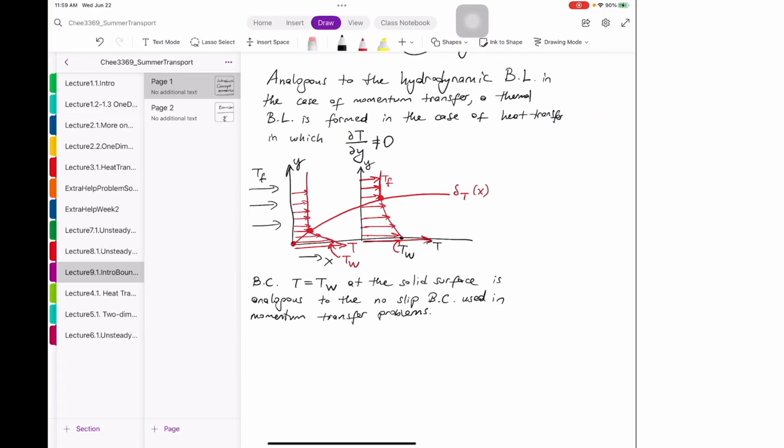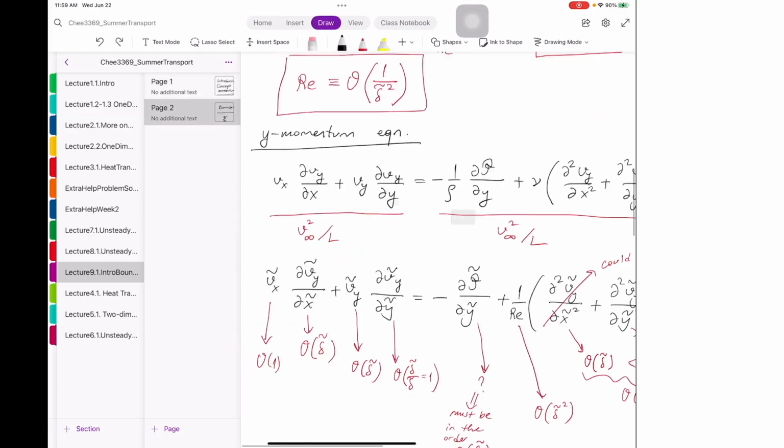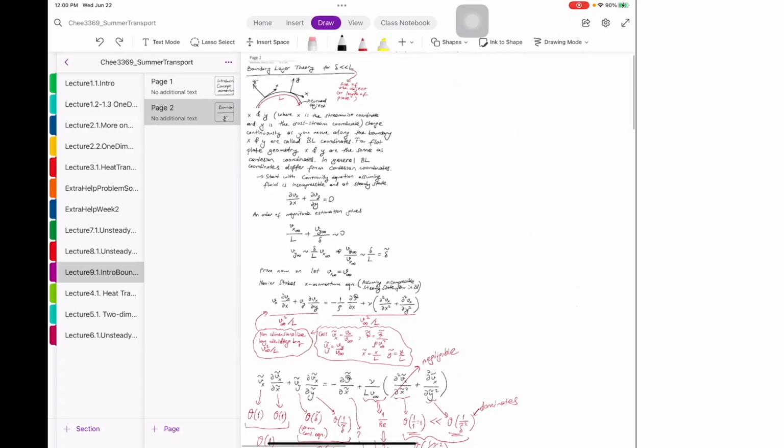As we'll see later, the equations are going to be very similar. That's why we first have a look at the boundary layer for momentum, and then we're going to talk about the boundary layer for heat transfer in more detail.